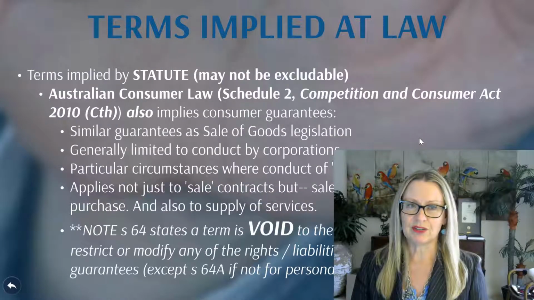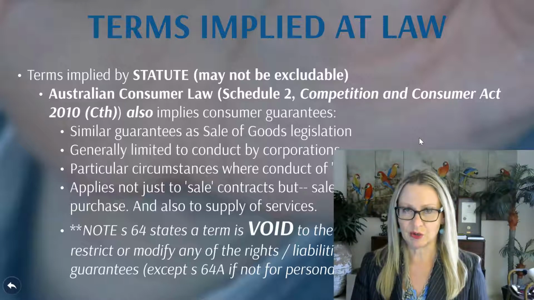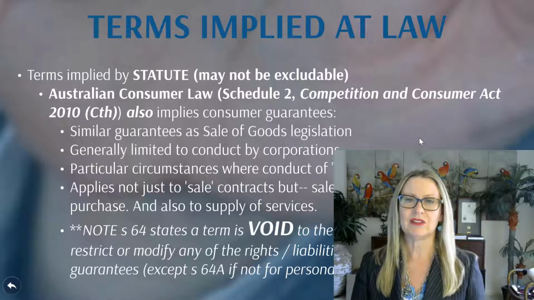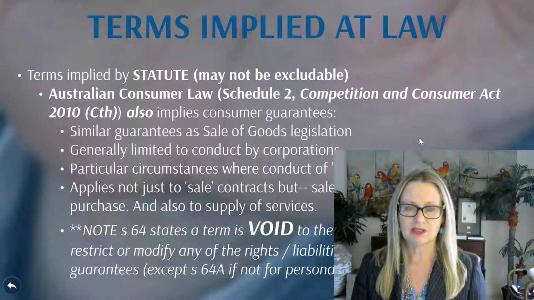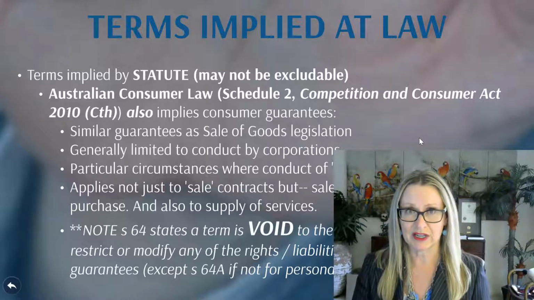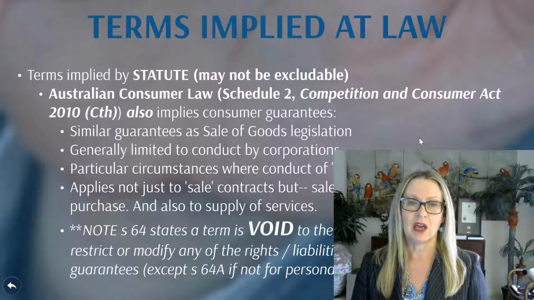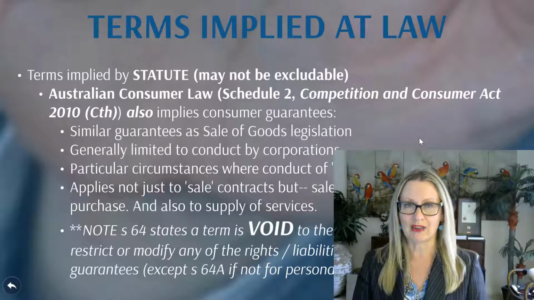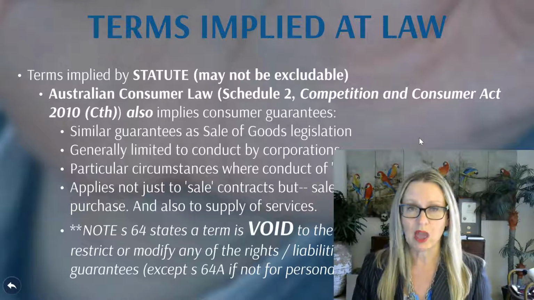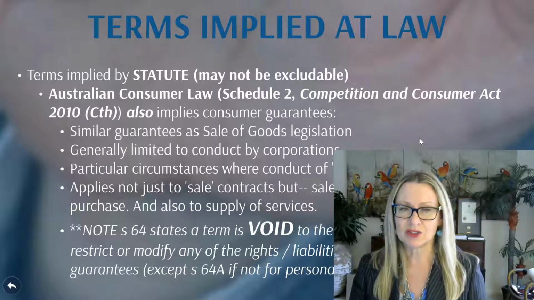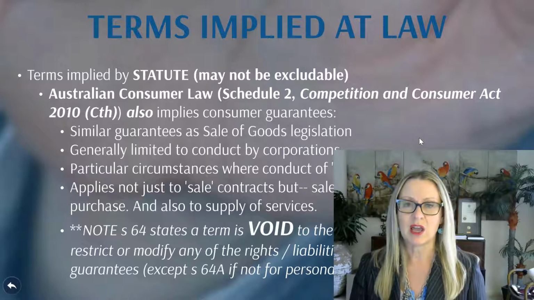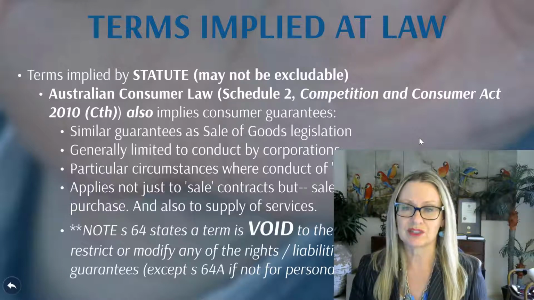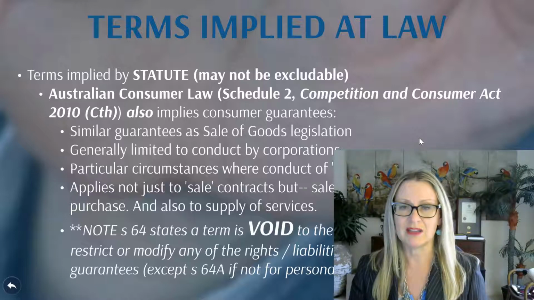The only thing that you really need to note about the Australian Consumer Law and its consumer guarantees is that unlike the sale of goods legislation, because the ACL is federal legislation, so Commonwealth legislation, it is restricted by the Constitution in what the Commonwealth can actually legislate on. And the constitutional power that the government relied on in enacting this legislation was the power to legislate for incorporated entities.